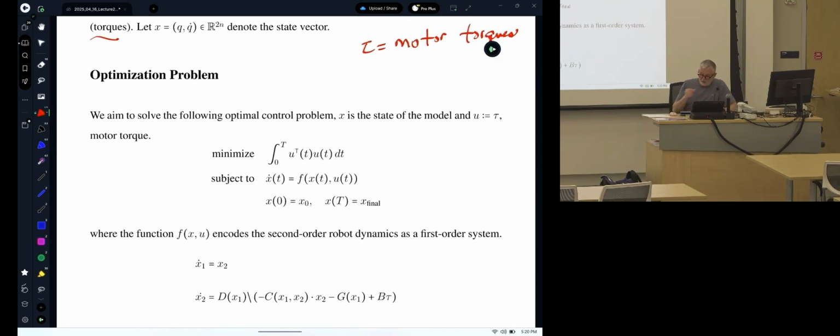So you want to minimize, say, the integral squared of the motor torques, subject to the differential equation being satisfied, our initial condition being satisfied, and maybe we have a desired final condition. Or maybe we're after some sort of periodic behavior and we want it to start at x0 and come back to it, okay?